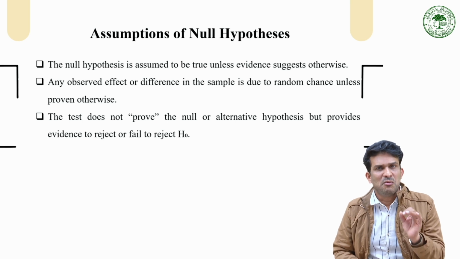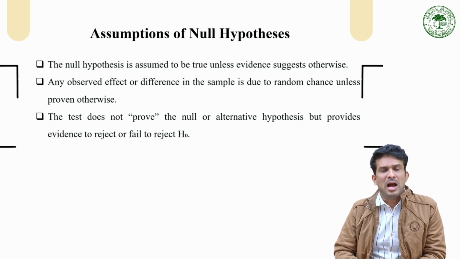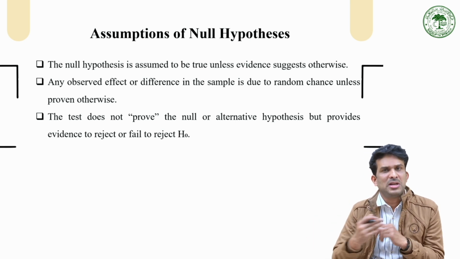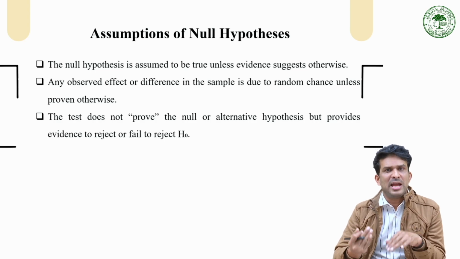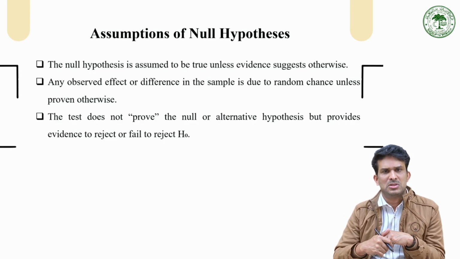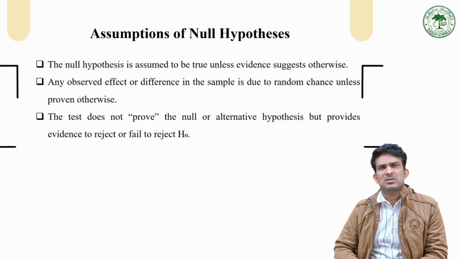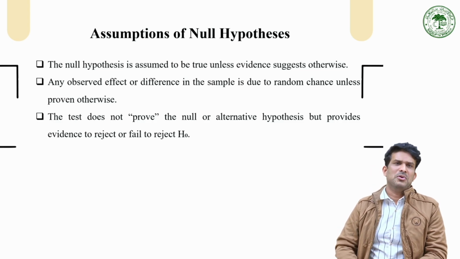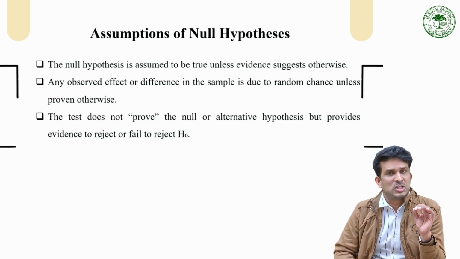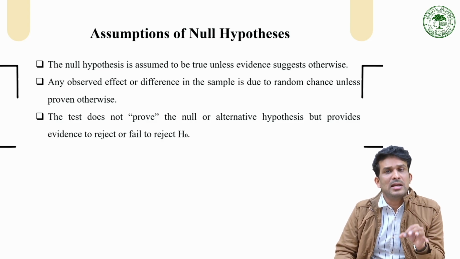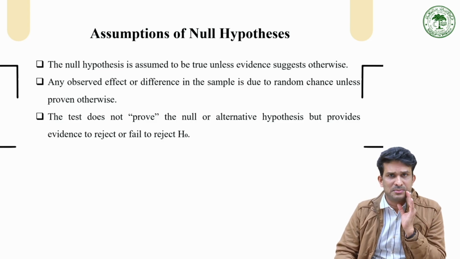We have discussed what a null hypothesis is, how it is related to the research hypothesis, why we design and develop a null hypothesis, and now we come to the assumptions of the null hypothesis. What are the assumptions? The null hypothesis is assumed to be true unless evidence suggests otherwise.